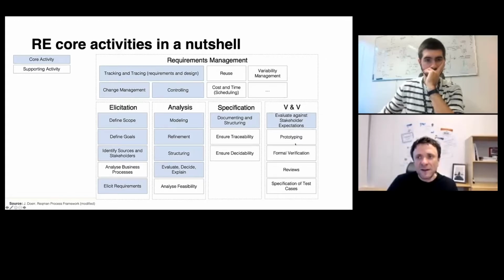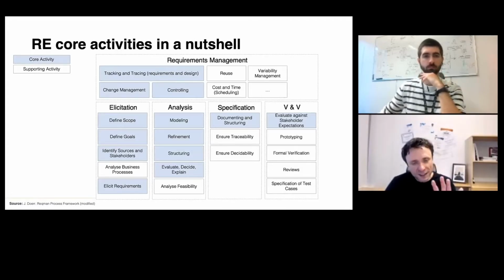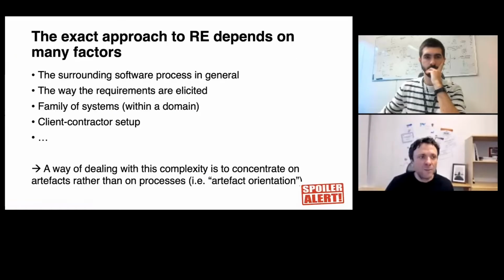Now, as I said also earlier, in this course, we will be taking a process agnostic view. So we'll be putting a lot of attention on the actual artifacts, on what the outcomes of requirements engineering are, and less on how we work. So what are the detailed processes, step 1, step 2, step 3, step 4, simply because this is not possible.